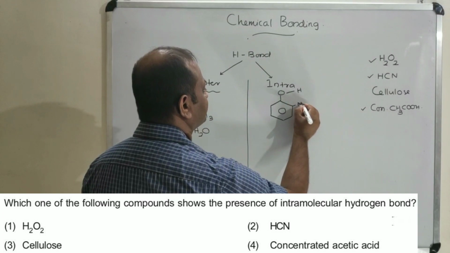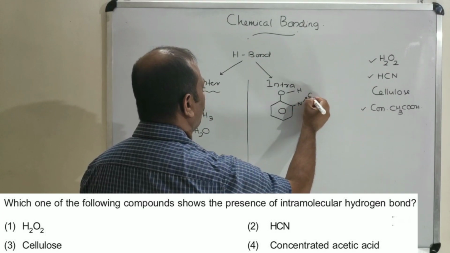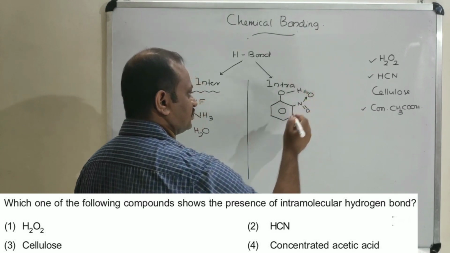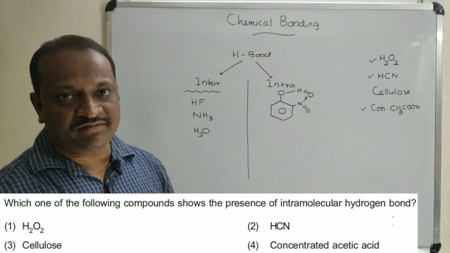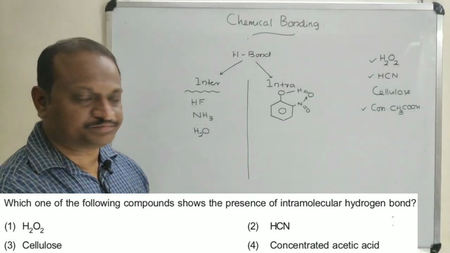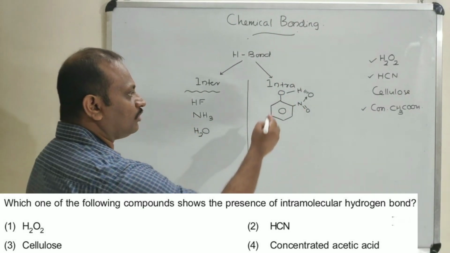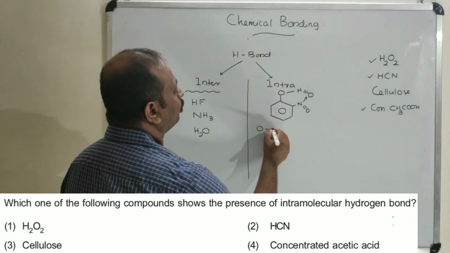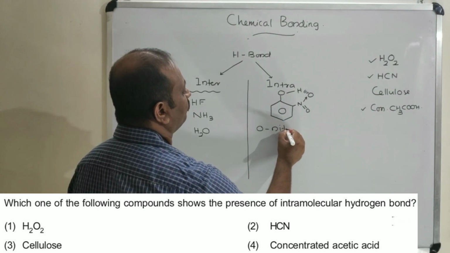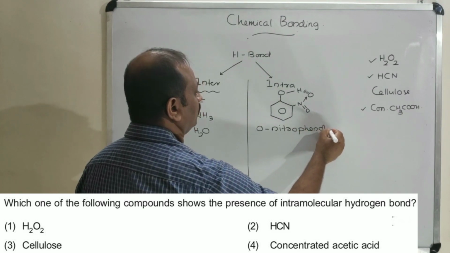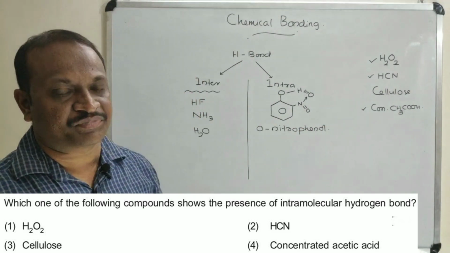Next, we have nitrogen, coordinate bond O, then double bond O. Here we have a hydrogen bond. You can see that it's just like holding the hands together. So here, intramolecular hydrogen bond. And this compound is called orthonitrophenol.